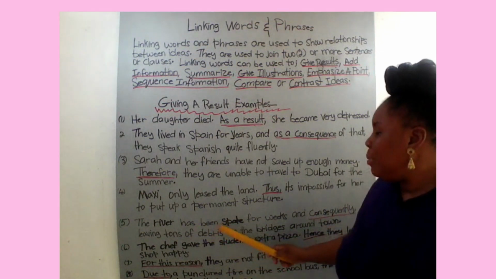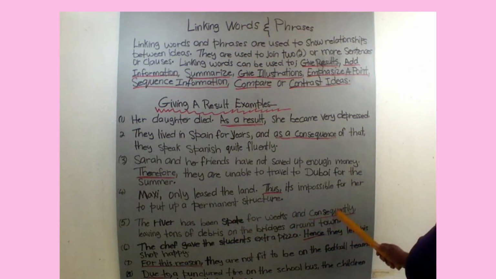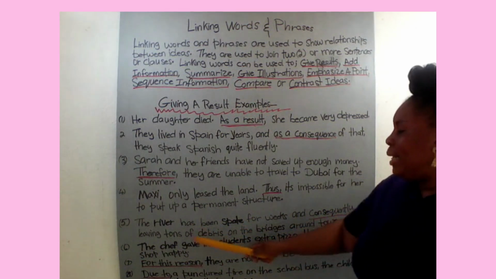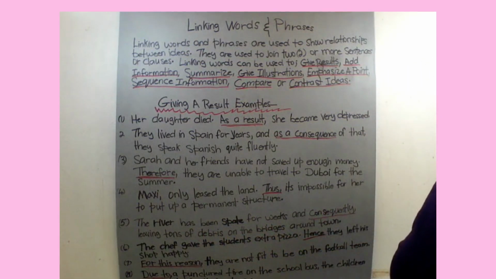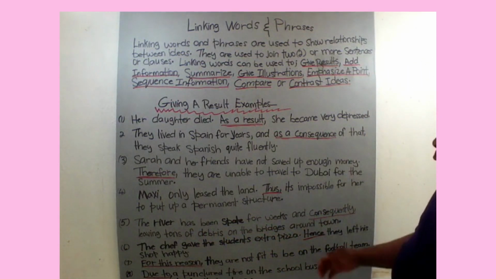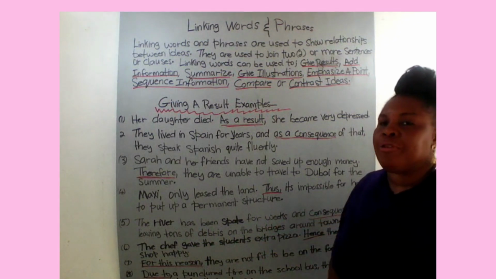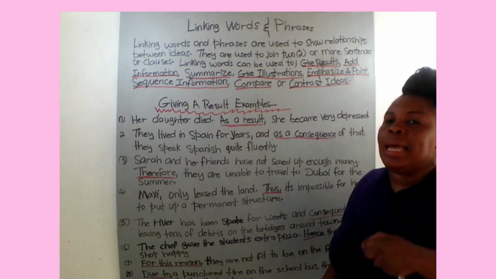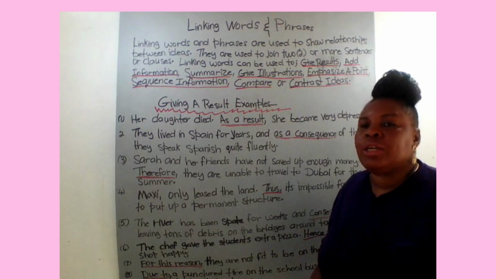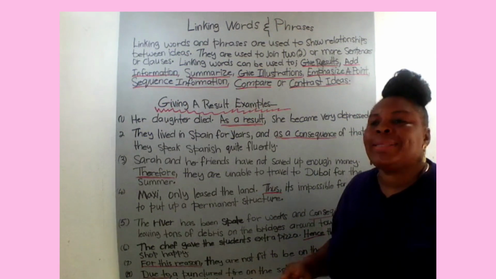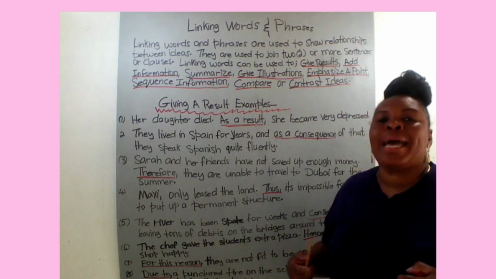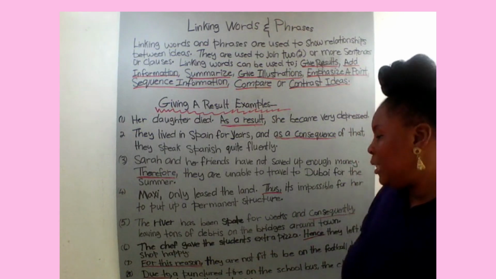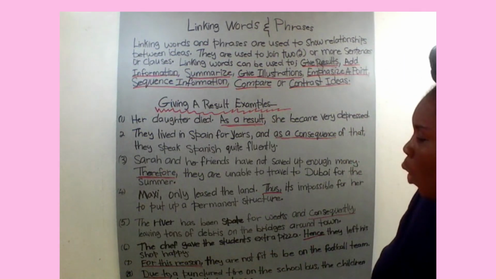So you see, you get additional information. The linking word is what? Helping to give you additional information about what is happening or the idea you're trying to express. Alright, where are we?